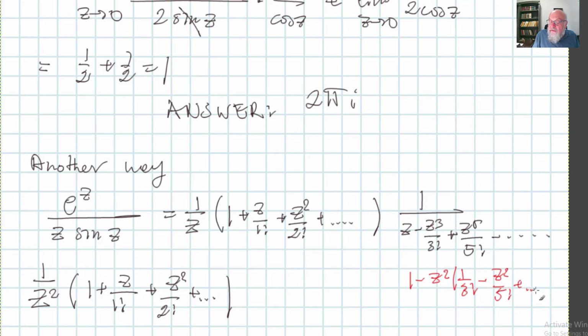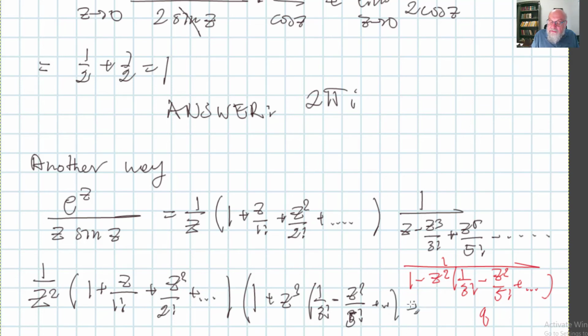So this will be my q, so I can rewrite it down here. This will be 1 plus z, maybe I should use black. 1 plus z squared times 1 over 3 factorial minus z squared over 5 factorial, and so on.